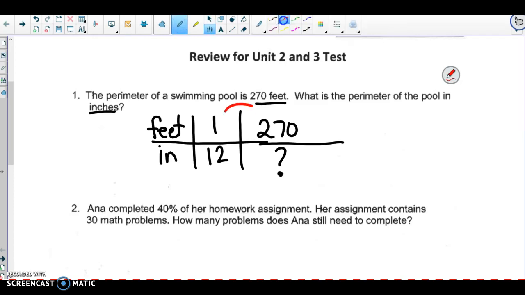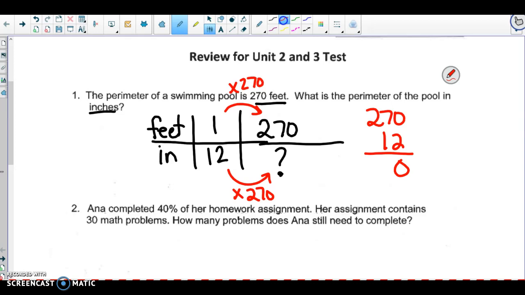So basically we're saying how did I get from here to here? Well, I multiplied by 270. So I've got to do the same thing there. So essentially I'm taking 270 times 12. And so when I multiply that, okay, and then I always put this so I can tell I scooted over and I can tell the difference between my two of them there.